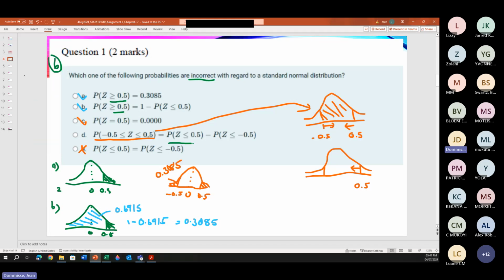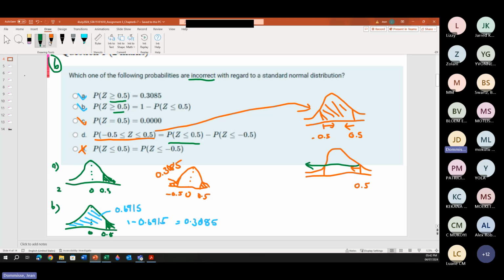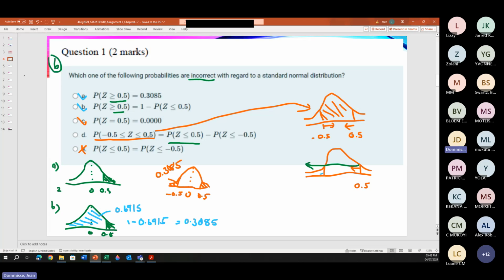Z smaller than 0.5 is that whole area, minus Z that is smaller or equal to minus 0.5. So let's put that in as well. So it is that area. So what we're looking at there is that area.